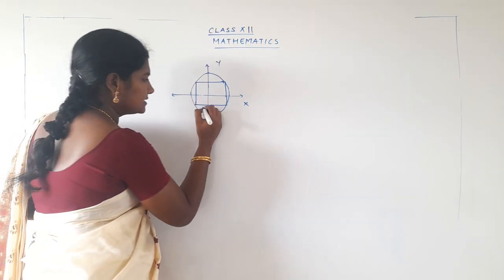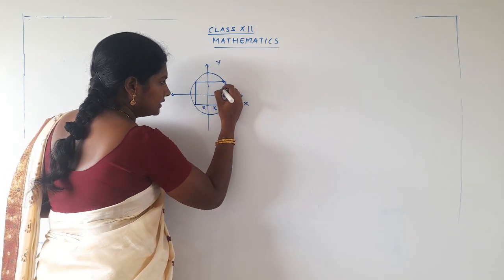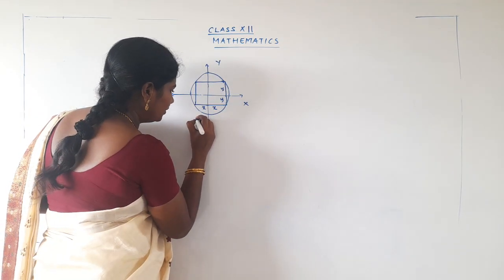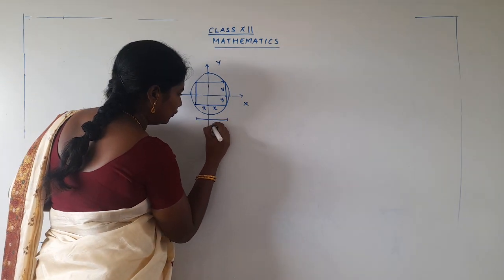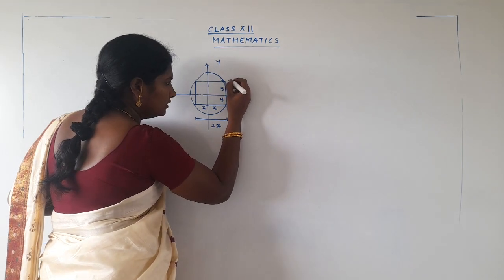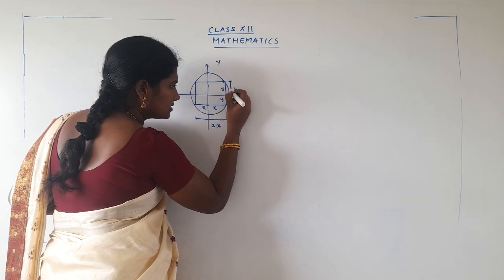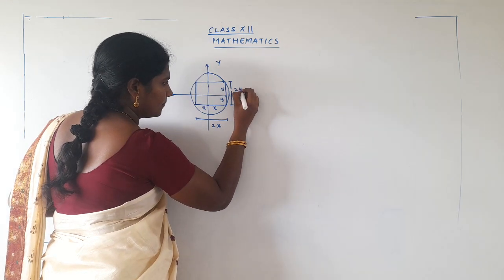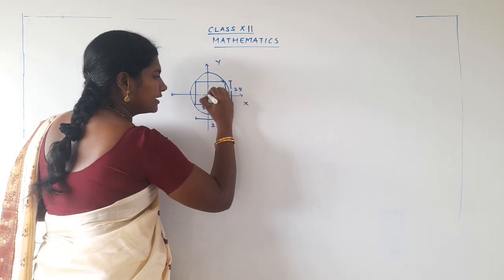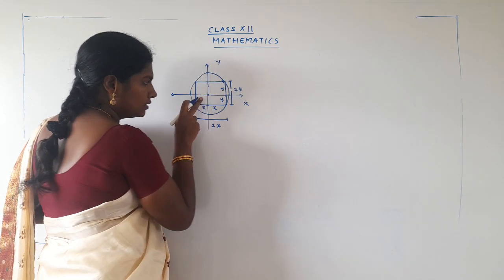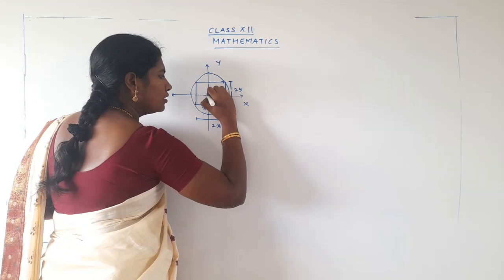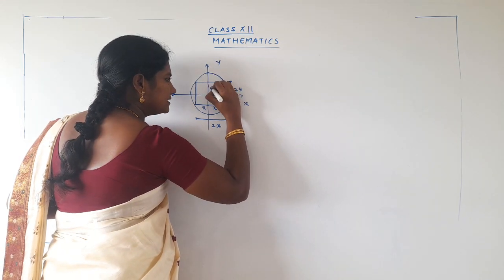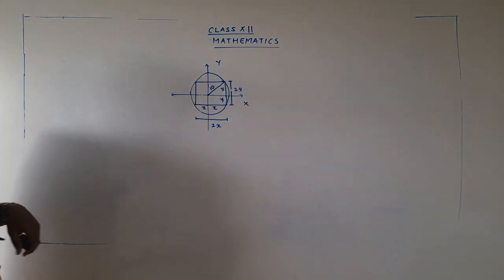Take this as x, x, take this as y, y. So the total length of the rectangle is 2x and the total breadth of the rectangle is 2y. And I know the radius of the circle, so from the origin, just draw a radius and this is 10 centimeter. So draw the figure.